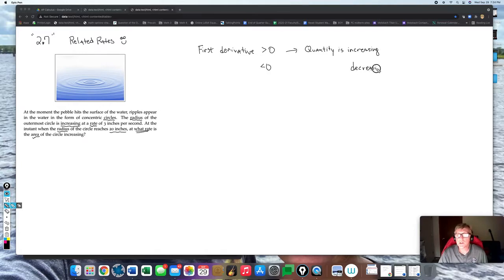The easiest way to see this is by looking at a graph, right? So if you have a function and we're looking at y values of a function, then at a certain x value, if y's are getting bigger and bigger and bigger, then the slope of the graph, or the tangent line slope, the first derivative, is positive, right?